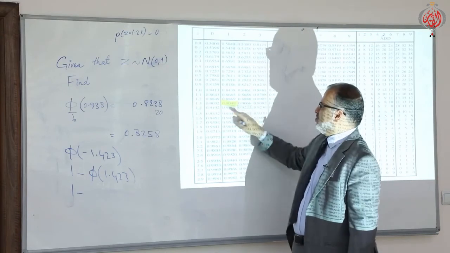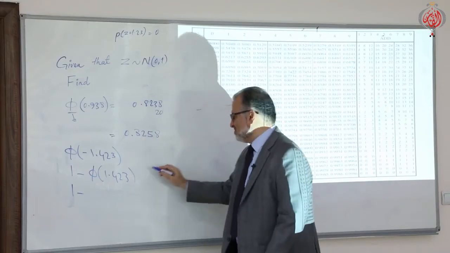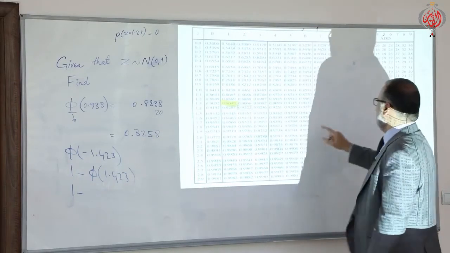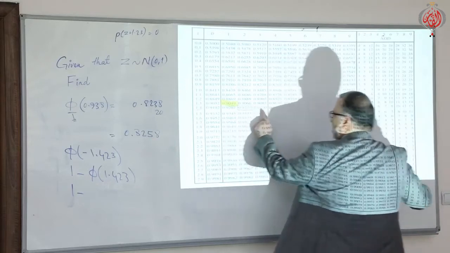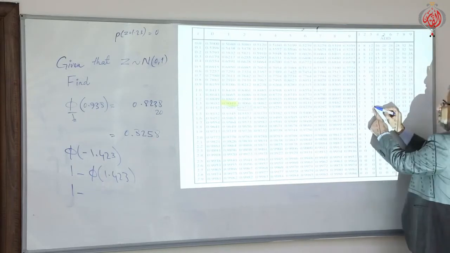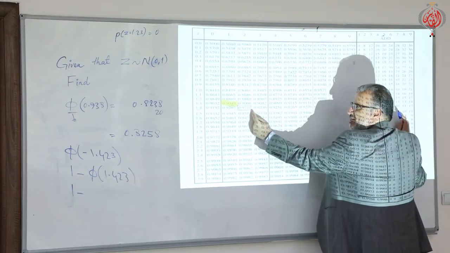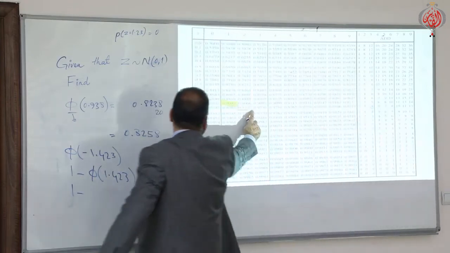So take that value. Then add 2. You have 3. Thousands place 3. So you have to add 4 to the last digit here.